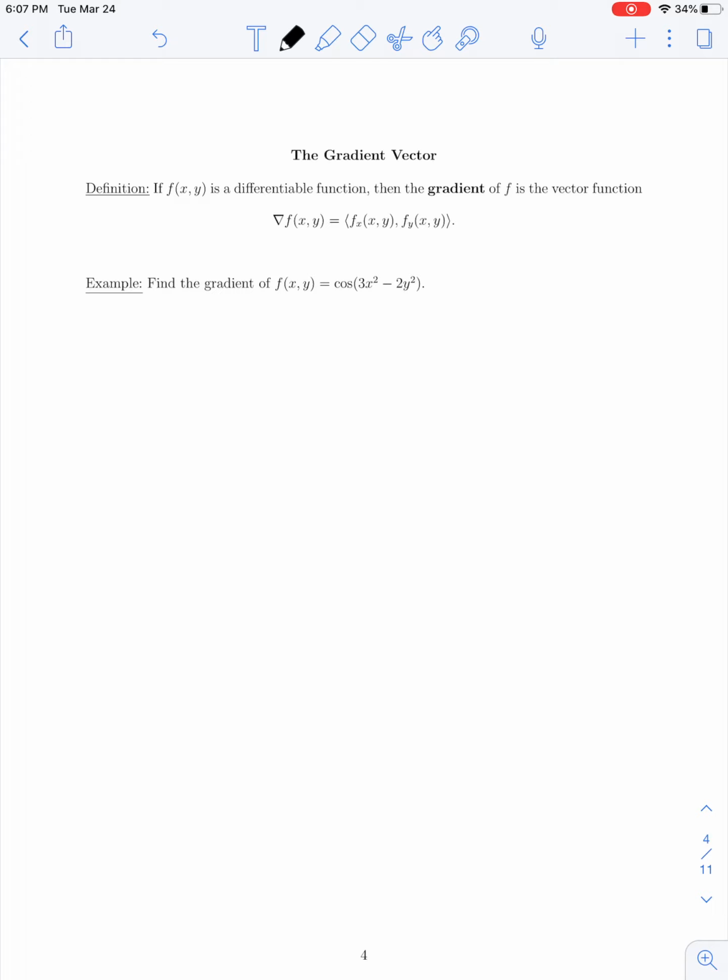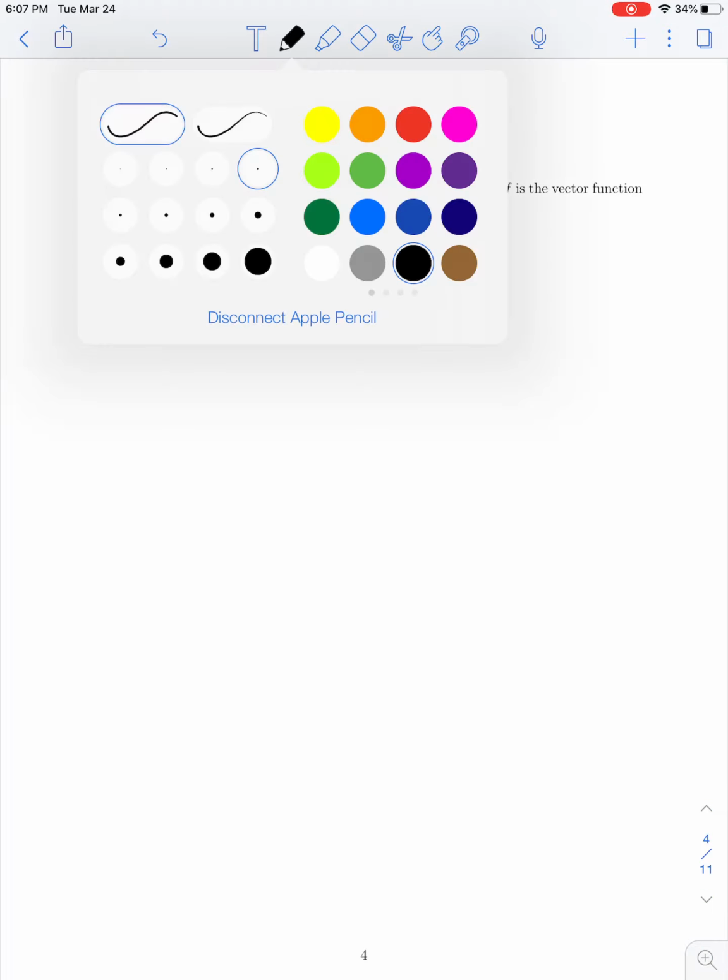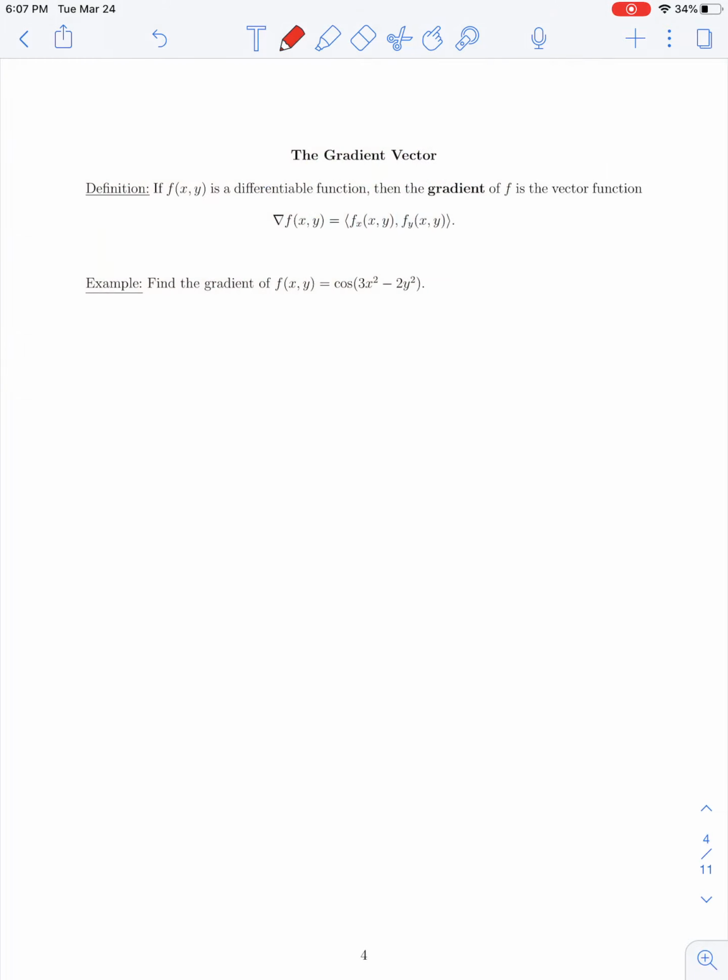Okay. Now the next thing that we're going to look at in this section is something called the gradient vector. So the gradient vector is a vector that is associated with any multivariable function. So let's start by defining it.